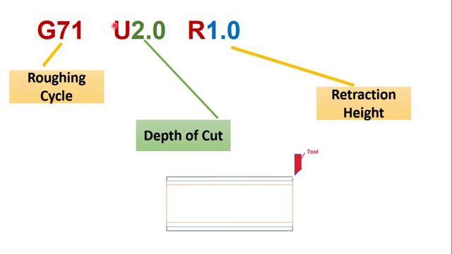Okay, so I have given 2 mm depth of cut, so it will come 2 mm, remove this one completely. At the end of this one, it will move 1 mm above. Okay, and then comes again at this position, goes again 2 mm depth of cut, moves here like this straight, and then again comes up by 1 mm, and then it comes to the original. Like this it will go on reducing this diameter.